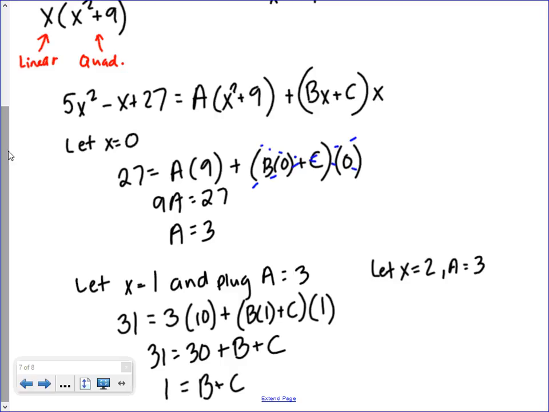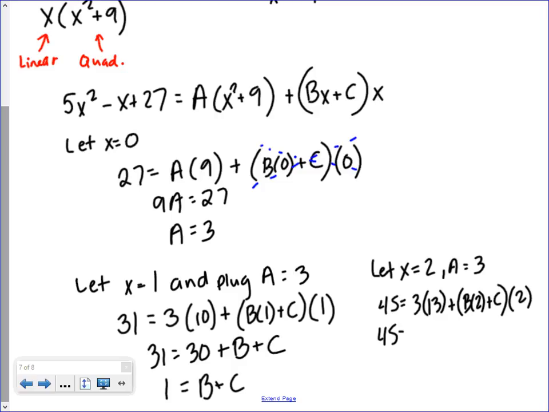So that would be 2 squared is 4 times 5 is 20 minus 2 is 18 plus 27 is 45 equals 3 times 4 plus 9 is 13 plus b times 2 plus c times 2.